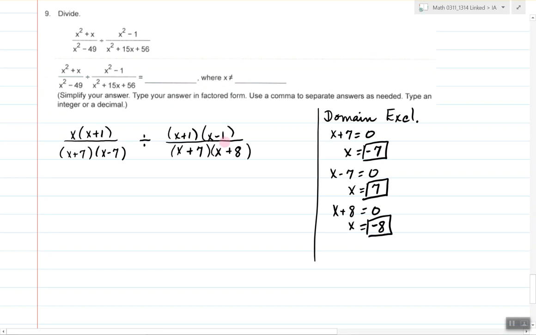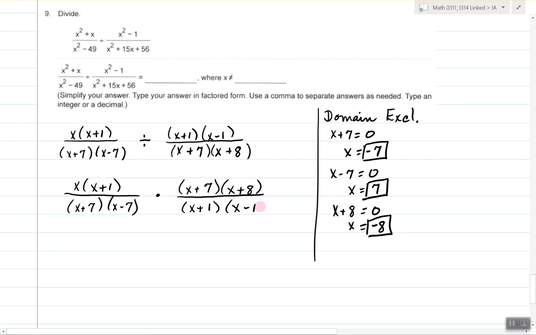So let's do keep, change, flip. I will keep x times x plus 1 over x plus 7 times x minus 7, change to multiplication, flip x plus 7, x plus 8 over x plus 1 times x minus 1.